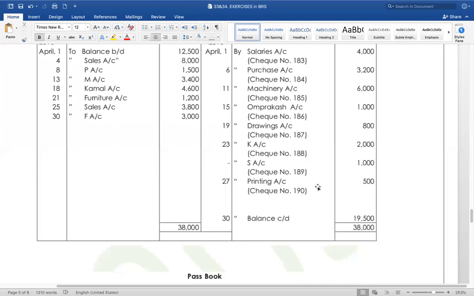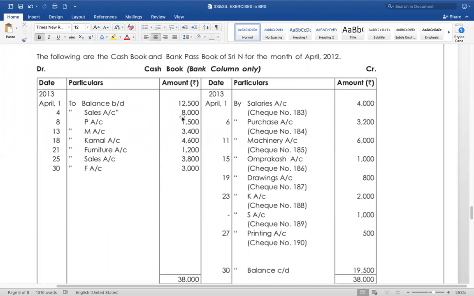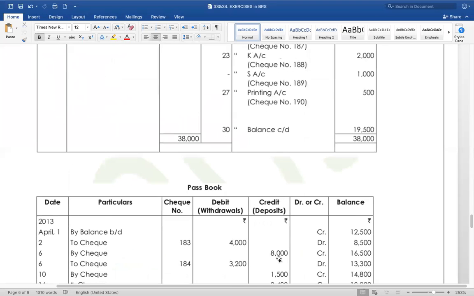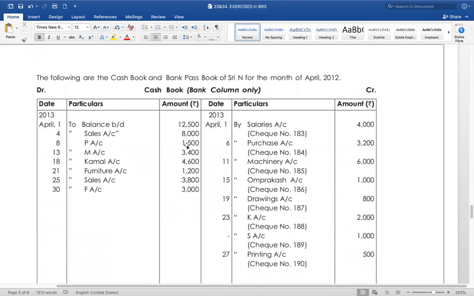So 12,500 is there. The balance we have already written. Next one is, yes, Saif. Sales account, sir. 8,000 and 8,000. Okay. It's there. So next is 1,500. Bank account 1,500 or purchase account. We don't know P account.